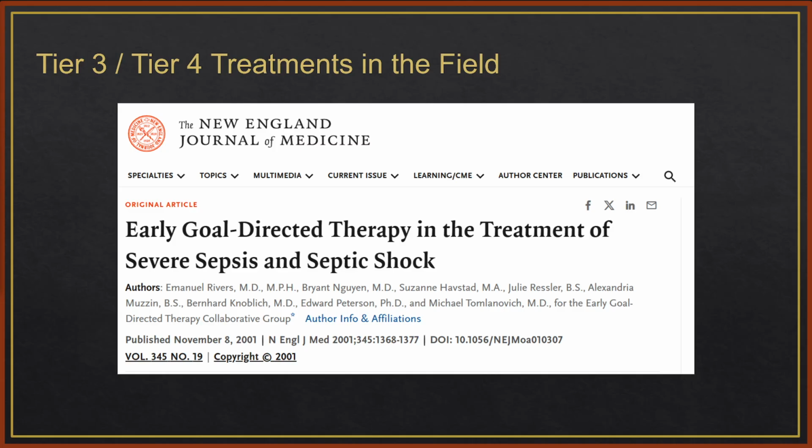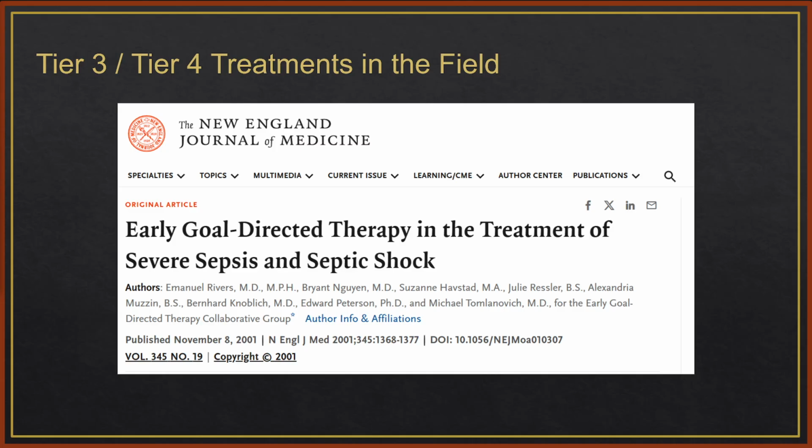And so the exact volume of fluid was titrated to a central venous pressure between 8 to 12 millimeters of mercury, and they found the average fluid administration during the first 6 hours of this goal therapy was approximately 30 milliliters per kilogram, which then formed the basis for all subsequent recommendations, including Surviving Sepsis.